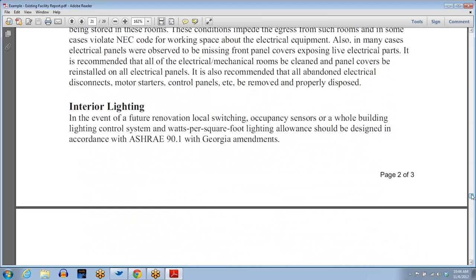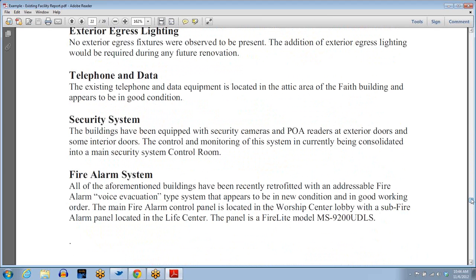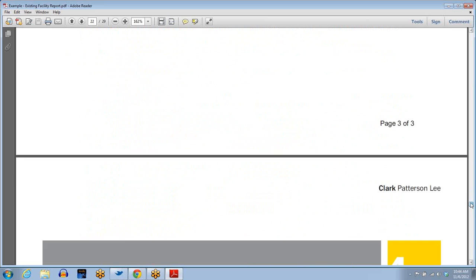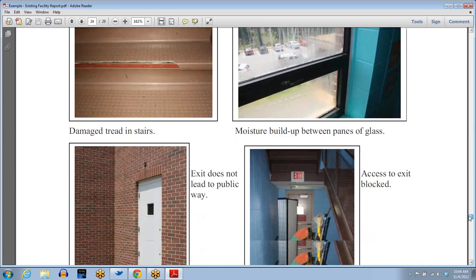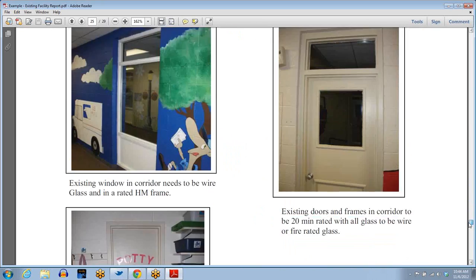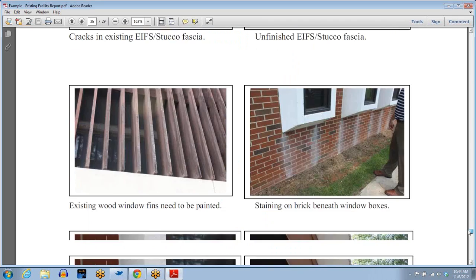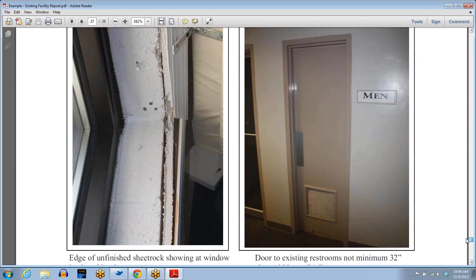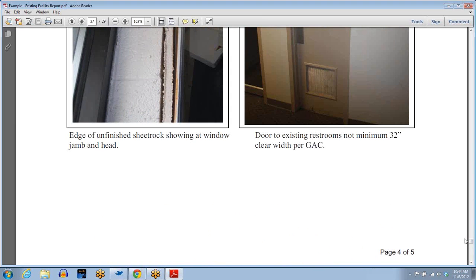So these different ideas or things that we told you in the outline, this is just an example of what a report might look like. And then there's photos. And as you go through it, showing you different problems that are there in order to help you pull it all together to get a grasp on what needs to be done.